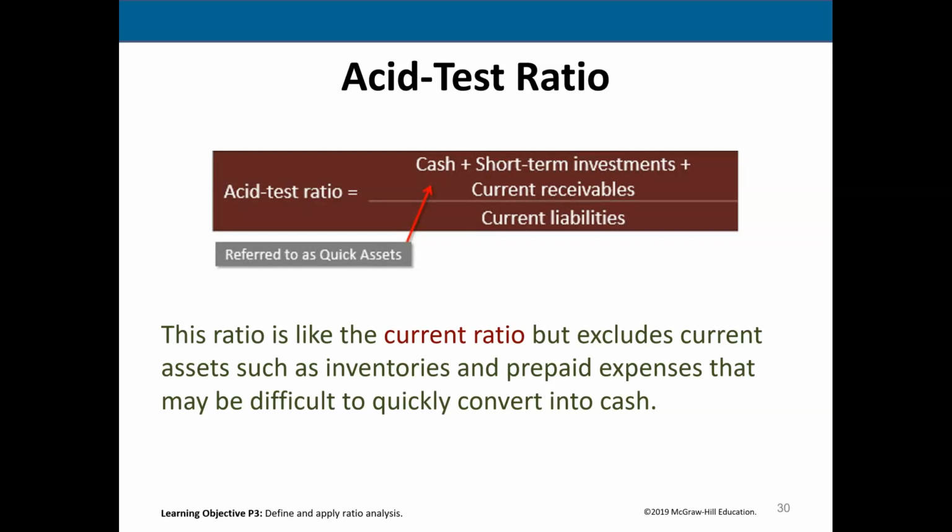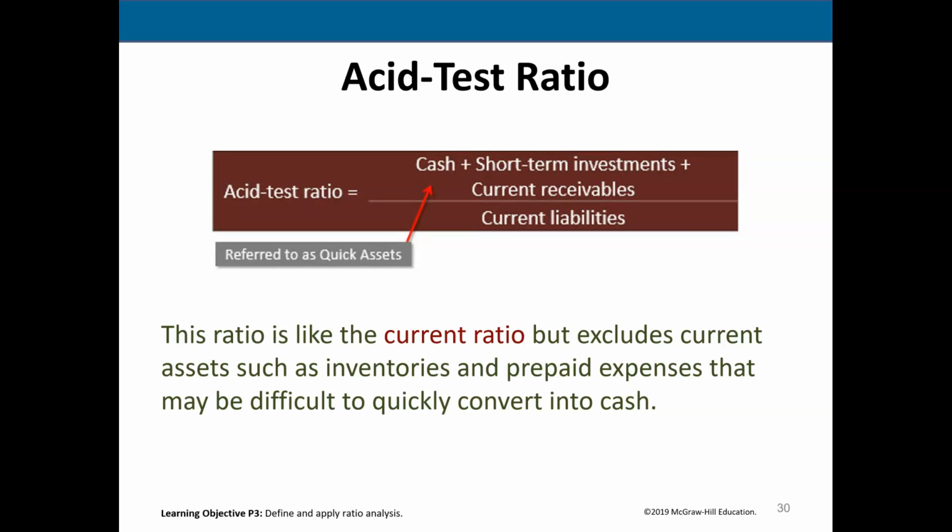Next is the acid test ratio, which is basically the current ratio but on steroids. The current ratio is current assets divided by current liabilities. The difference between that and the acid test is you still have a denominator of the current liabilities, but your numerator isn't current assets.